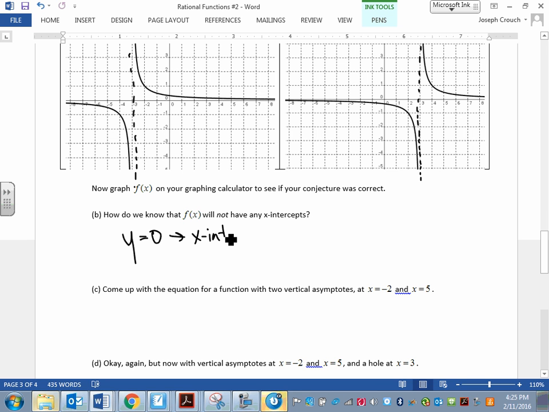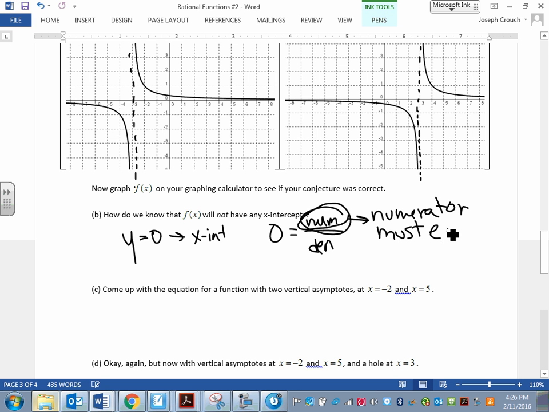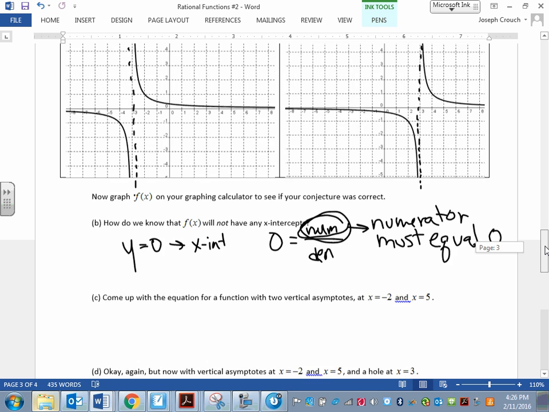Okay, so let's say we have a fraction, numerator over denominator, equals 0. How could a fraction ever equal 0? A fraction only equals 0 if the numerator equals 0. So in order for a fraction to equal 0, the numerator must equal 0.